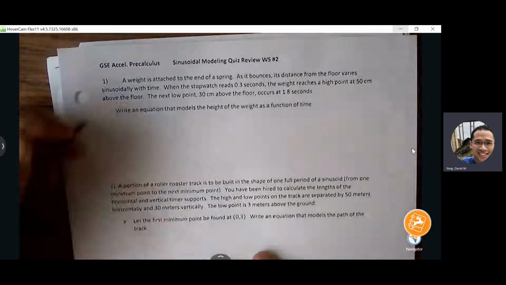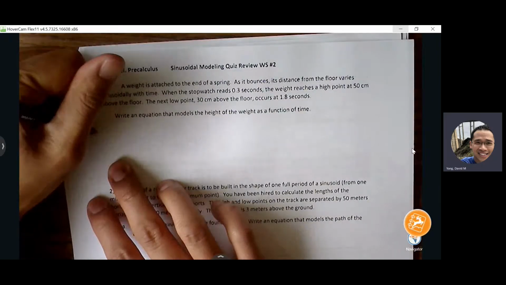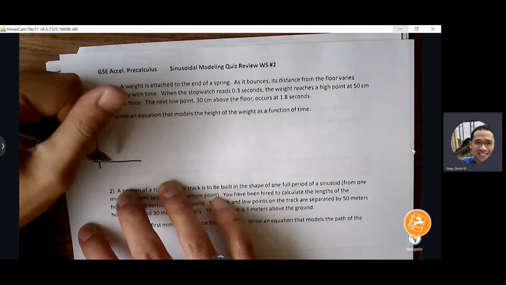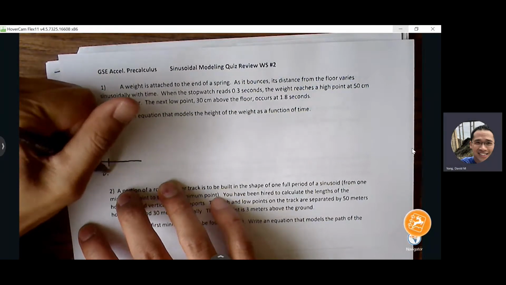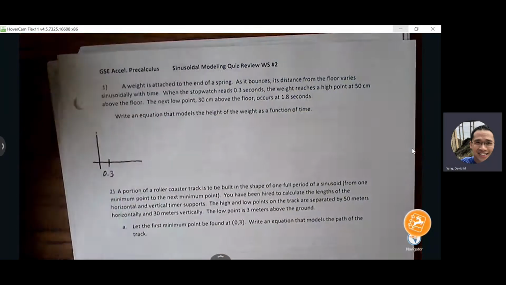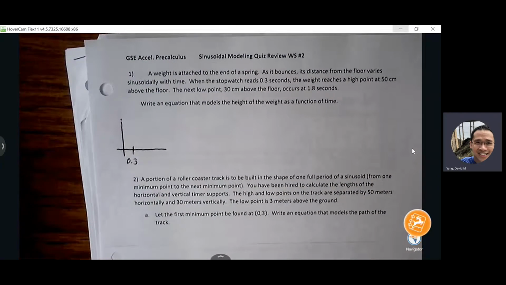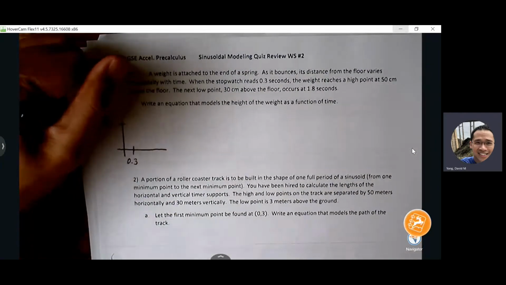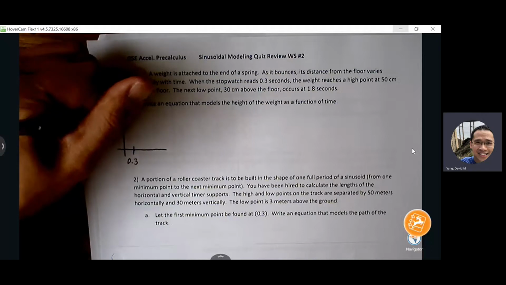So, I'm just going to arbitrarily choose my first x value to be 0.3. I know at 0.3, I'm going to hit the maximum value of 50.